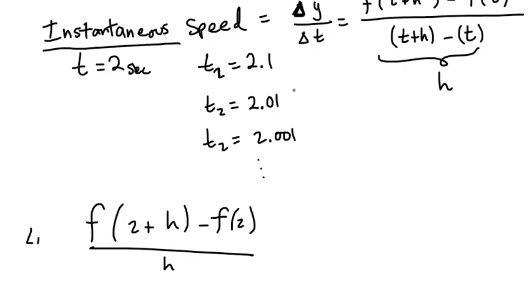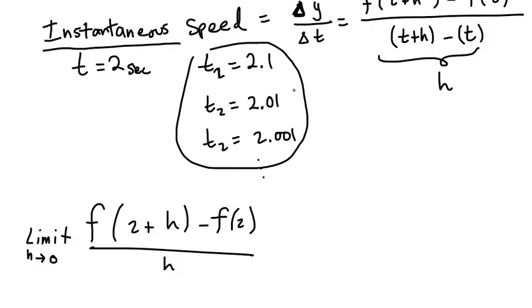You could say as h approaches 0, the same way to say that is the limit of this function as h approaches 0. So h is getting really, really close to 0, which is this idea where you're going closer and closer, from 2 to 2.1, 2.01, 2.001, so small, it's like 0.